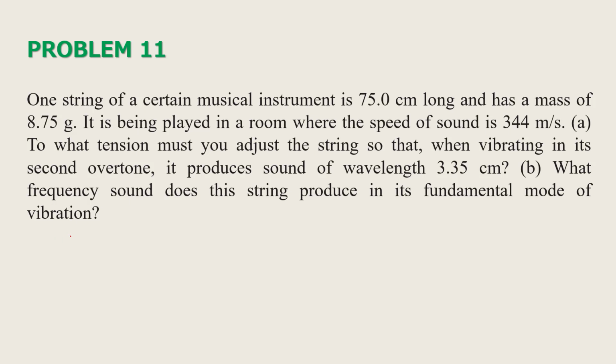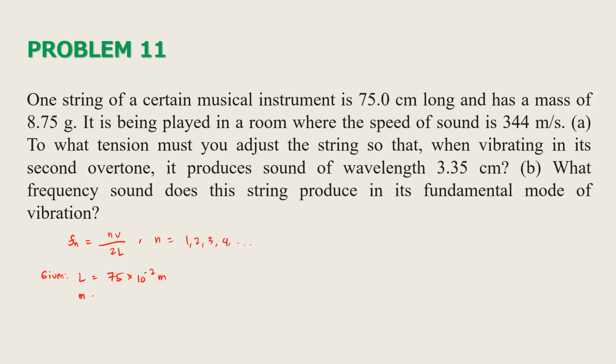So, for a string that is fixed at both ends, we have f sub n equals nv over 2L, where n equals 1, 2, 3, 4, 5, and so on. So here we are given the following. First is the length of the string, which is 75 times 10 to the minus 2 meters.